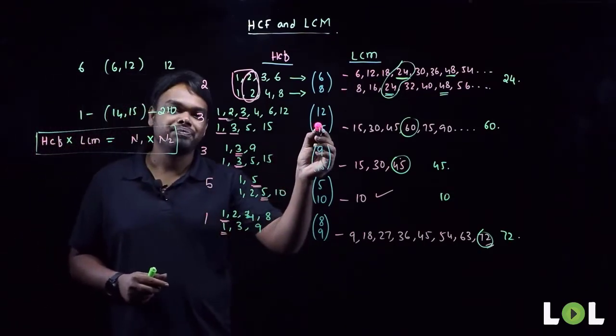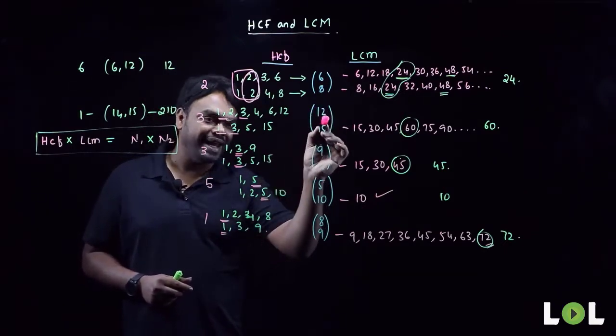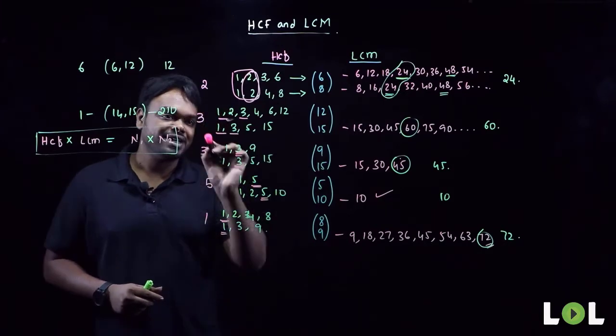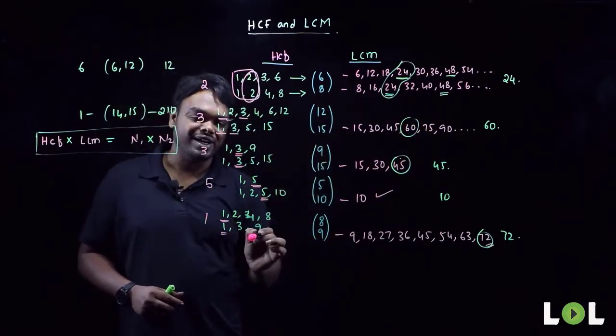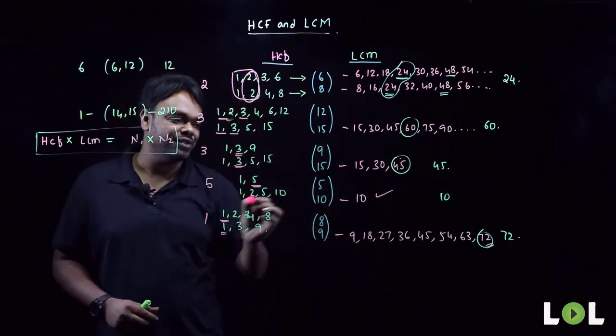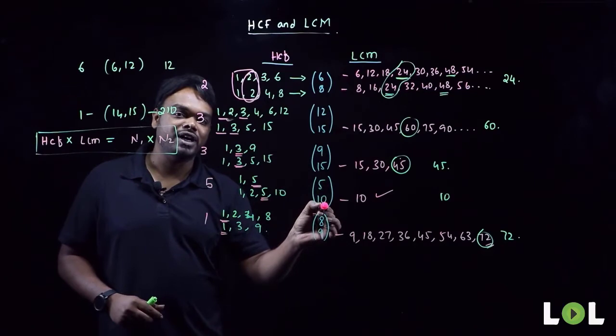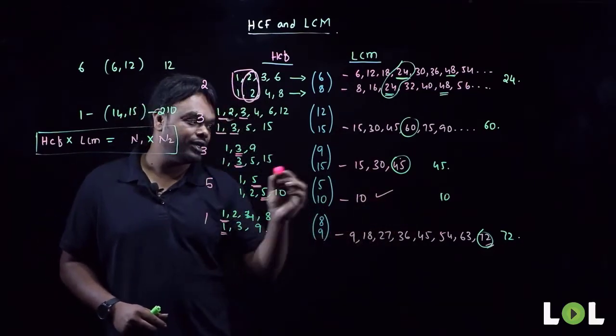Suppose you check here, 12 into 15, 150 plus 30, 180 is the product of the numbers. 3 into 60 is also 180. 15 into 9, 135. 3 into 45 is also 135. 5 into 10, N1 into N2, is 50. That is HCF into LCM.